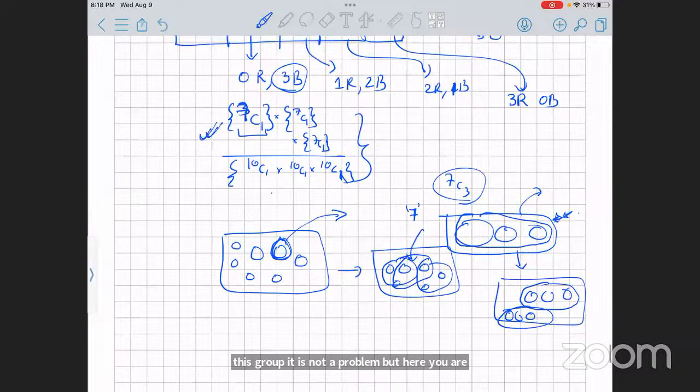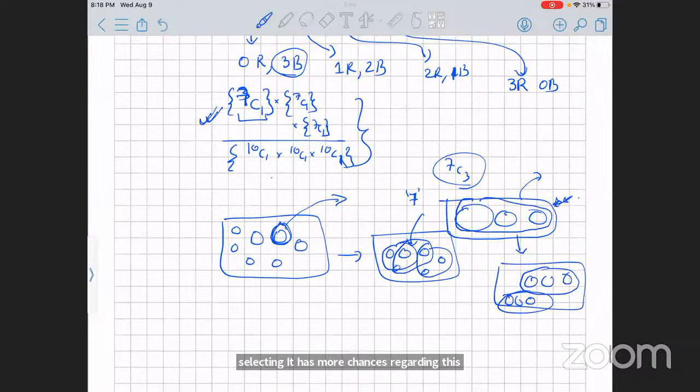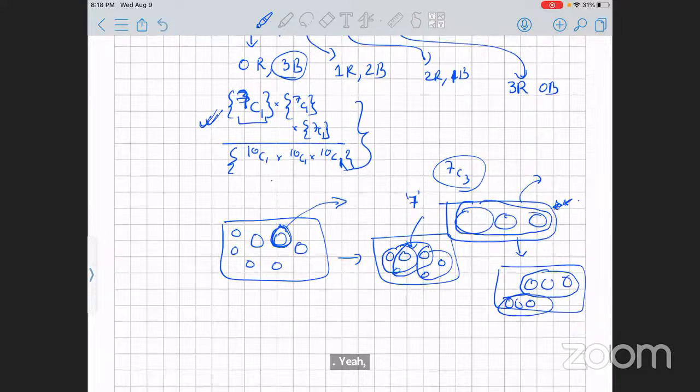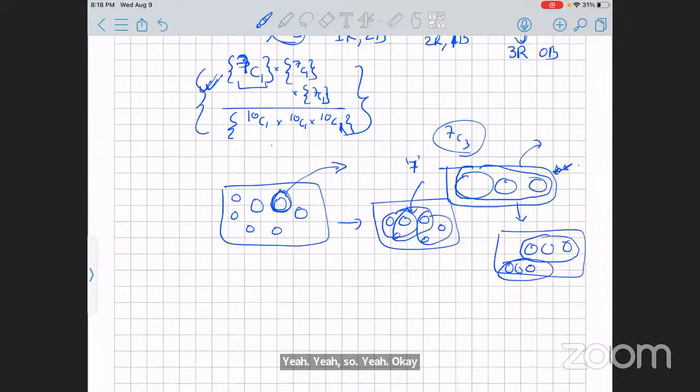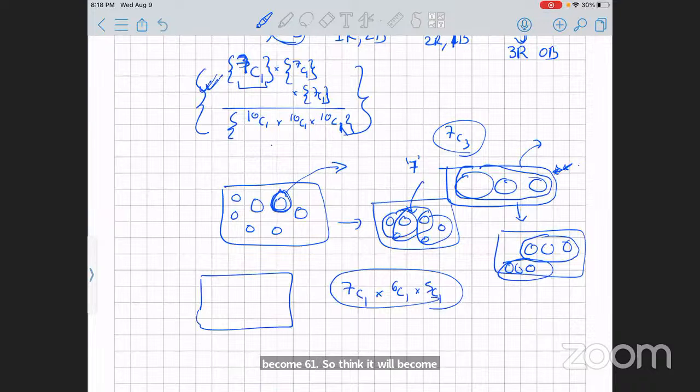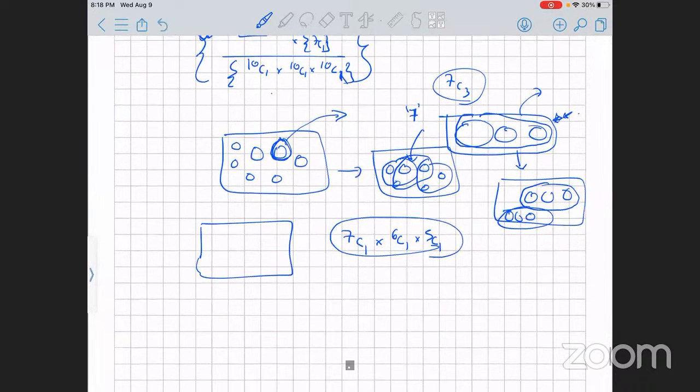Here you are selecting individually, not as a group. Basically, it is 7 into 7 into 7. But this creates an issue without replacement, because the first thing is 7C1, the second will become 6C1, the third will become 5C1. No replacement is okay. And what is your doubt?